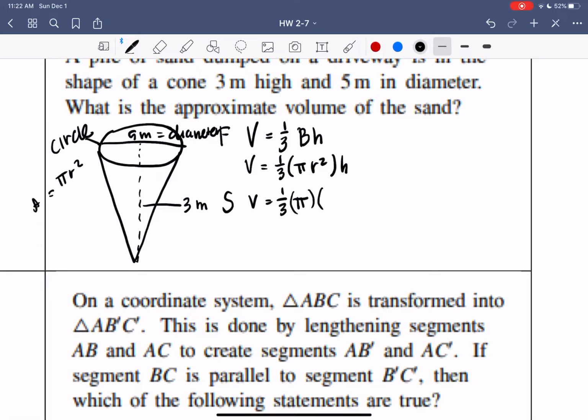So 5 divided by 2 is 2.5 squared times our height of 3. So when we solve, we're going to have something meters cubed.